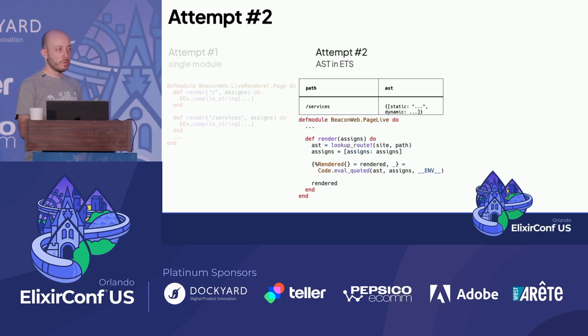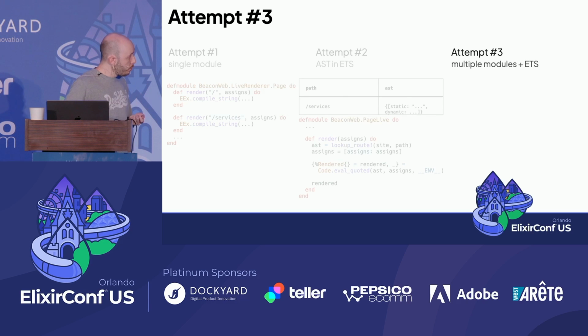So we used to compile the template string and save the template AST into an ETS table. The problem was, for every request, we had to evaluate the AST. And that function is not super fast, at least not fast enough for Beacon. So it was not scaling very well.